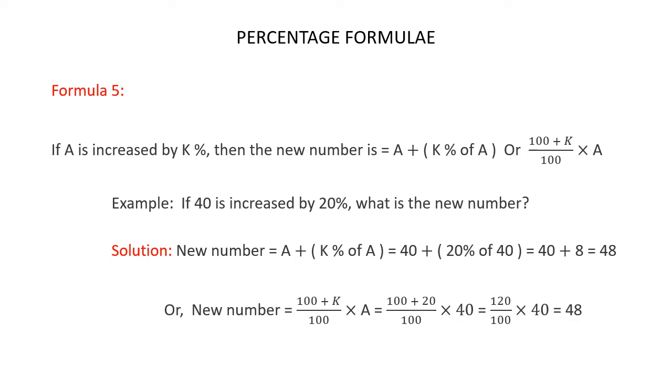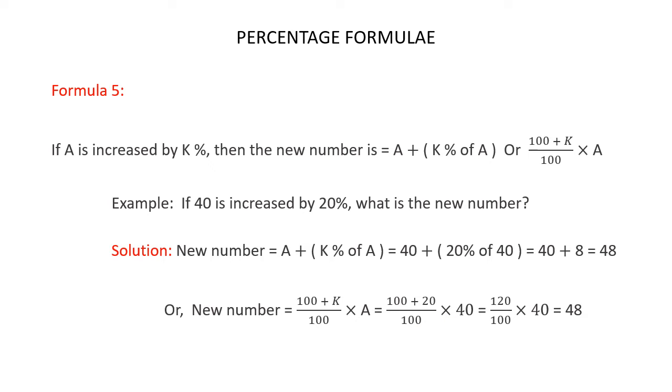Now let's use the formula 100 plus k divided by 100 multiplied by A. So new number is equal to 100 plus k divided by 100 multiplied by A. Here A is 40 and k is 20. So 100 plus 20 divided by 100 multiplied by 40.